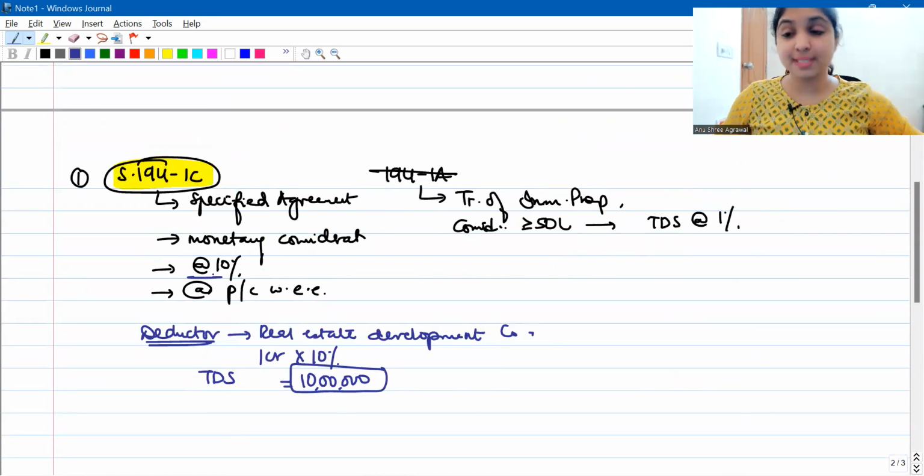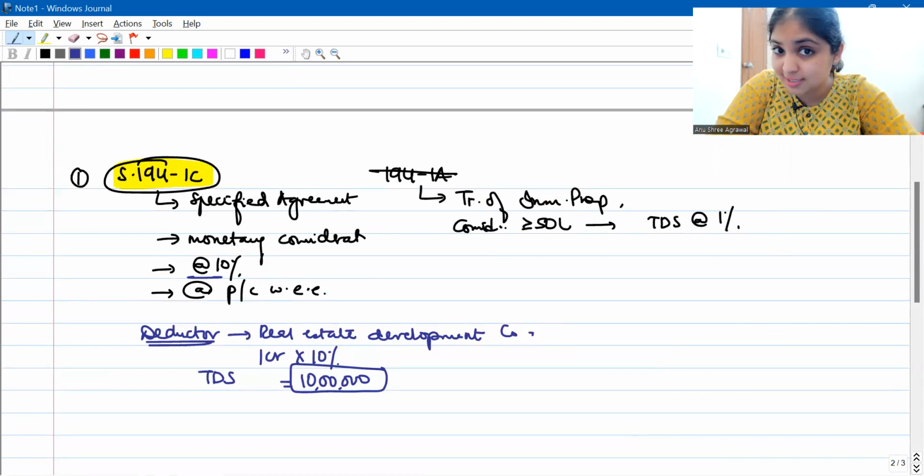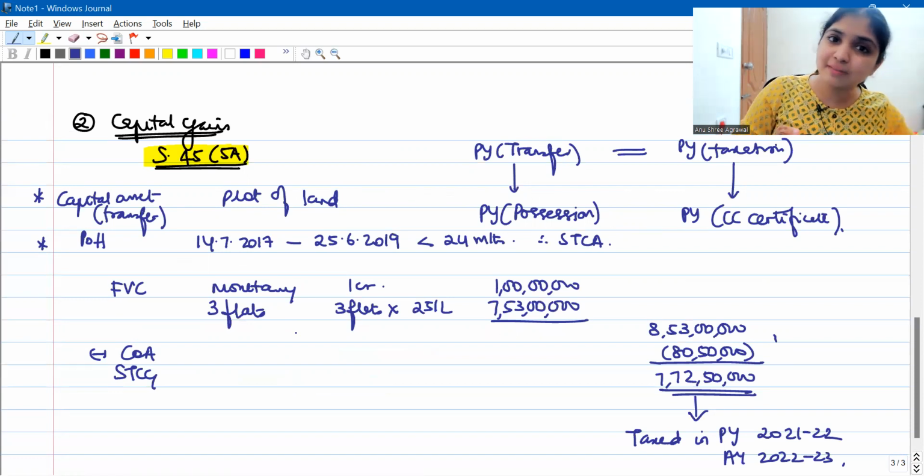At the rate of 10%, when? At the time of payment or credit, whichever is earlier. There is no amount limit here. Straight away 10% will be deducted, but remember, only on the monetary consideration part. Then for the transferor, for Mr. Sakshar, for the real estate development company, 194 IC, TDS will apply.